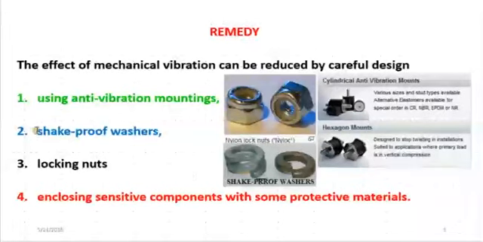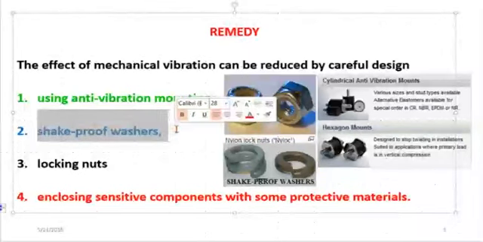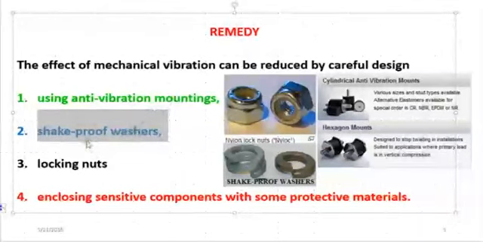The second remedy for the effects of mechanical vibration is using shock-proof washers, and look at them here. You can see they are made like springs, so they are tied together with the nuts. Whenever there is any mechanical shock, they absorb the loads by bouncing up and down, whereas the nut is already holding them tightly, so it prevents much vibration.